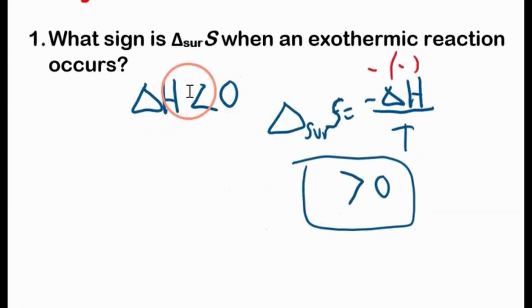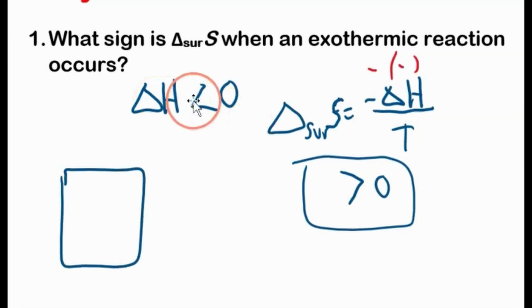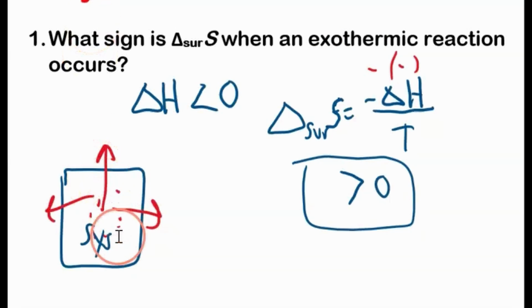Does that make sense? Let me draw a little diagram here. When the change in enthalpy is negative, this is exothermic, so heat is being lost. It's being removed. If this is our system right here, we have energy being transferred as heat out of the system.